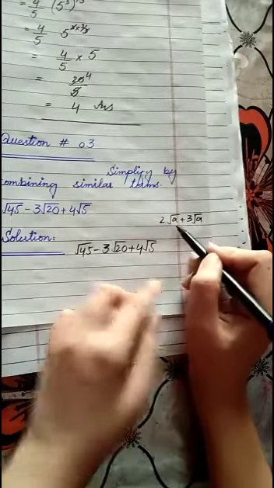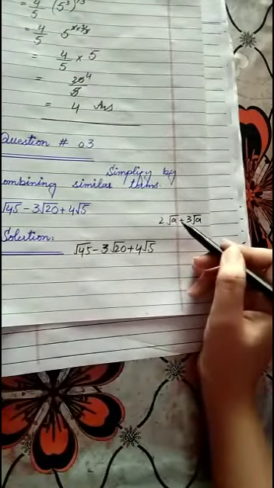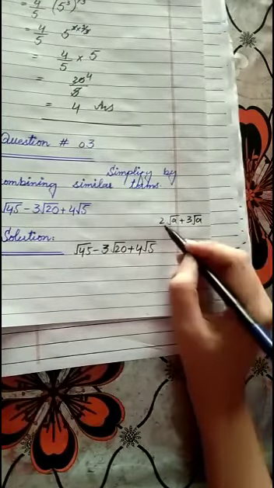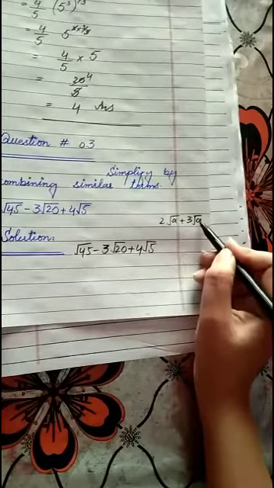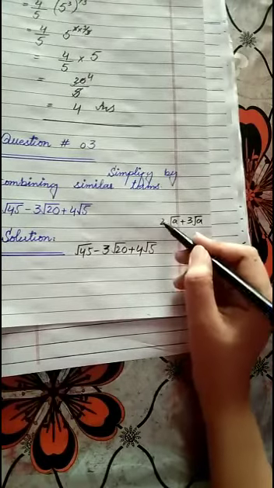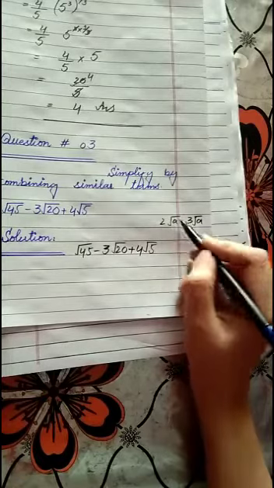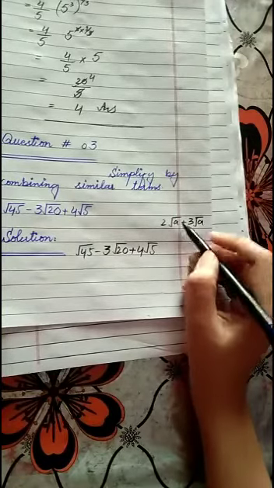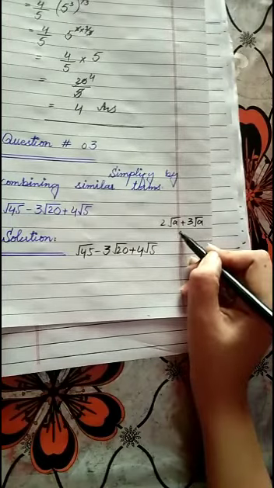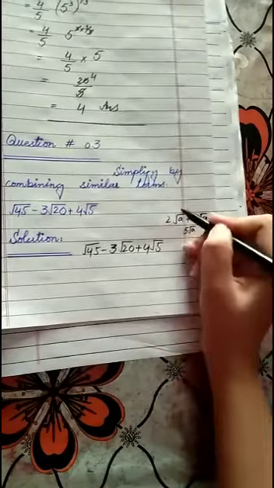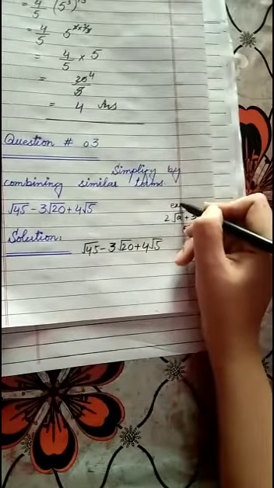In this way, both radicands are a. 2 plus 3 is 5, so it will be 5 into square root a. It's just for example.